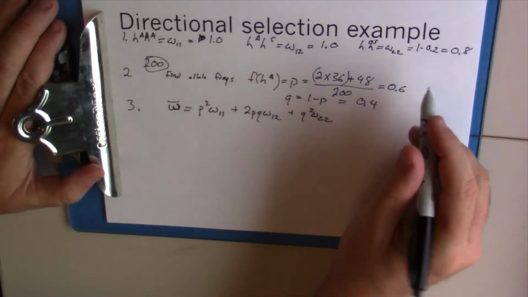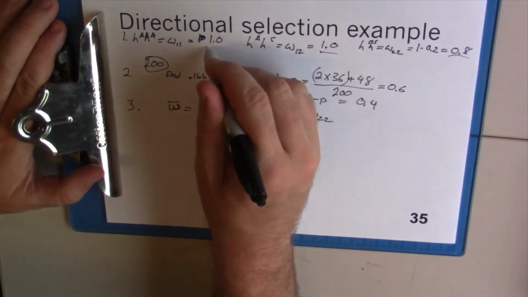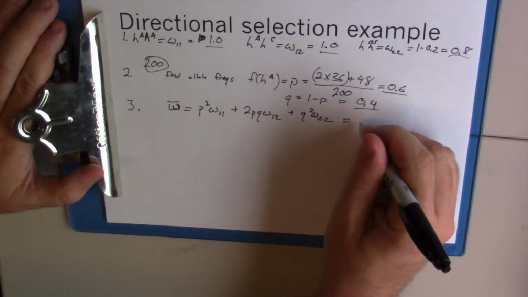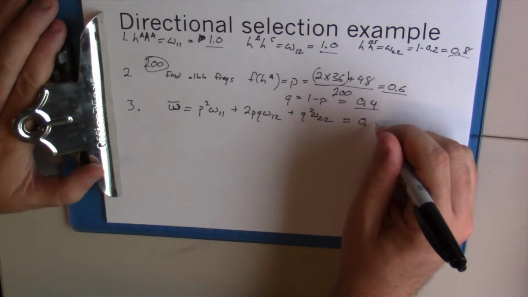And if we plug in each of the fitnesses and plug in each of the p and q values, we get a mean fitness for the population of 0.968.